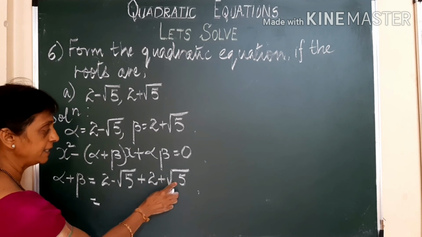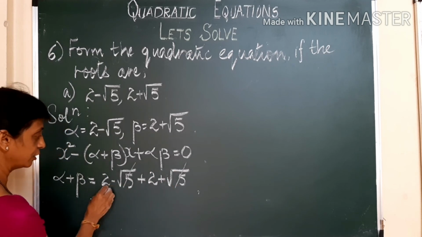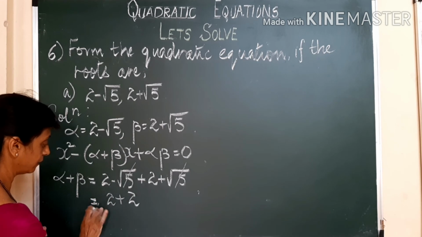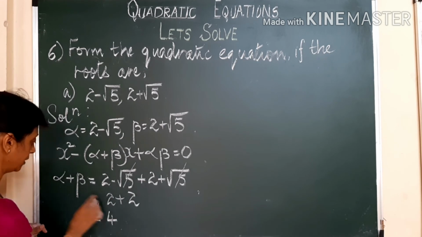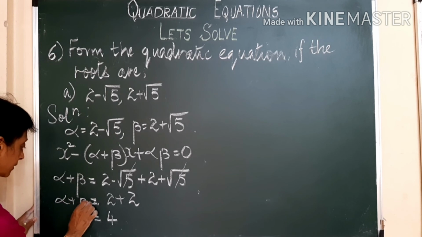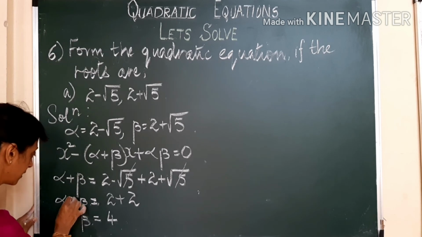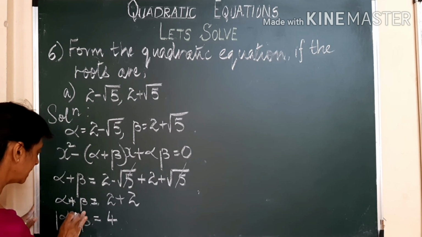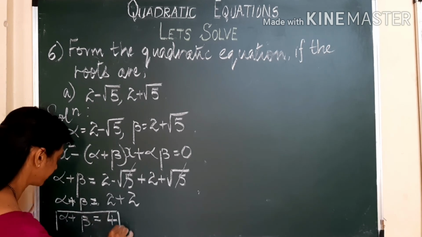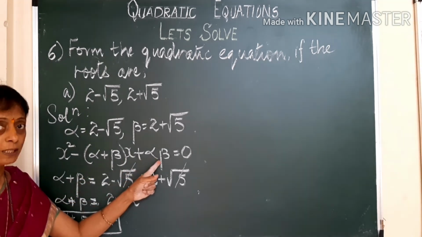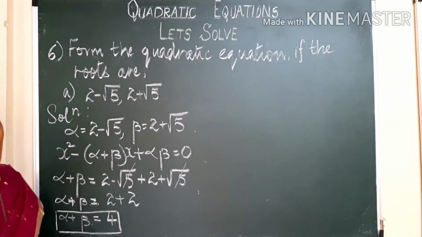Minus root 5 plus root 5 gets cancelled. So you are left with 2 plus 2, which is equal to 4. So finally, alpha plus beta is equal to 4.